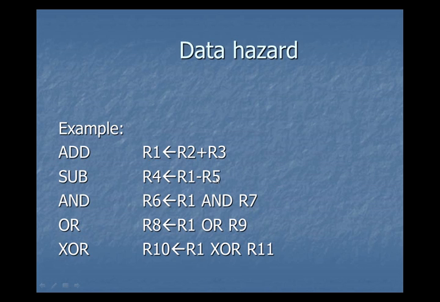R1 is subtracted from R5 and the result is stored in R4, that is subtract. Then performing the move operation, that is first of all moving the output from R1 to R6 and then performing the AND operation between R6 and R7.